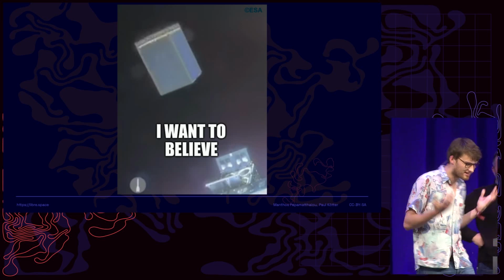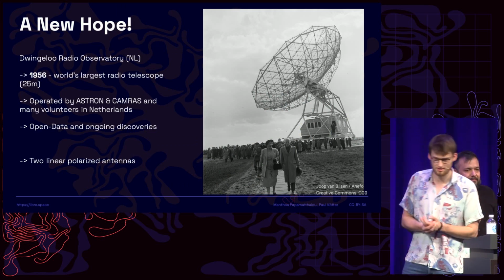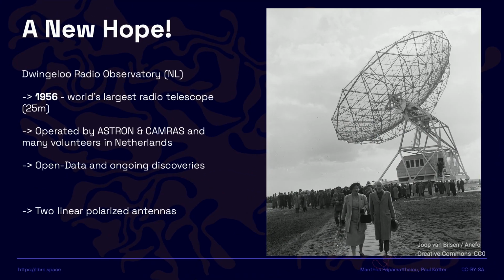But there came a new hope, when there are some people that also have a SATLOC station, and they actually have a very, very big SATLOC station. From 1956, when it was built, it was the world's largest radio telescope, and is now operated by volunteers and astronomers.